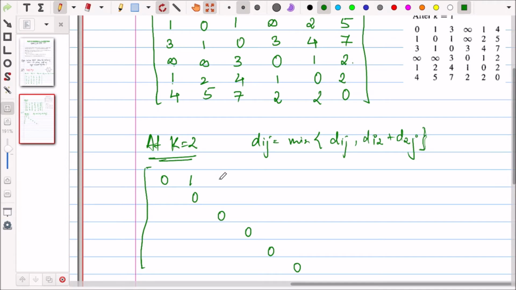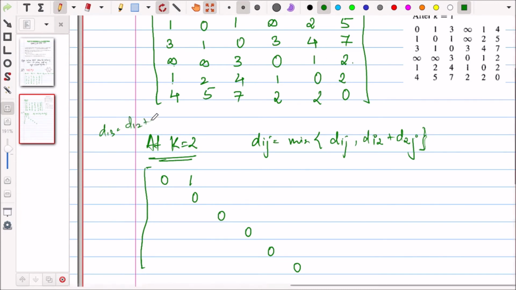now next d13, it is here, it is 3, and what you will add is d12 plus d23, so d12 is, okay, this one plus this one, right?